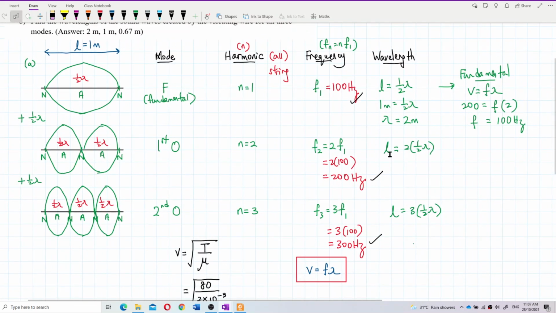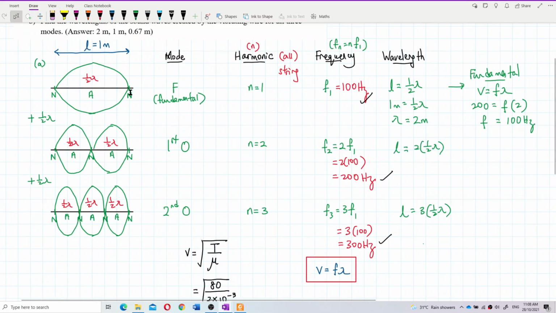For the second one, it has 2 times the half wavelength, isn't it? The length is still 1 meter. So this is 2 times the half wavelength, and it becomes lambda equals 1 meter.